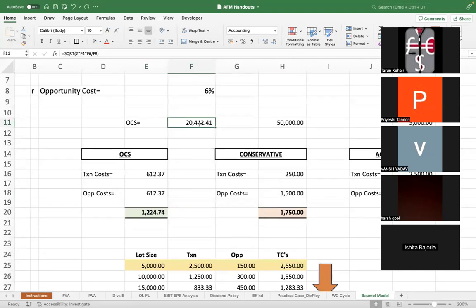So that's why it is said that the Baumol model actually optimizes your cash management costs.